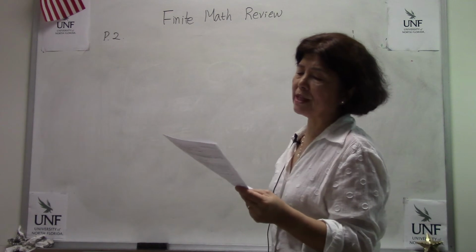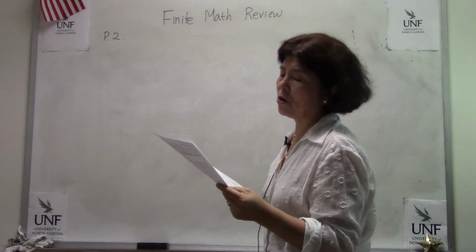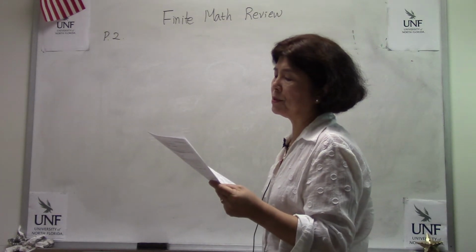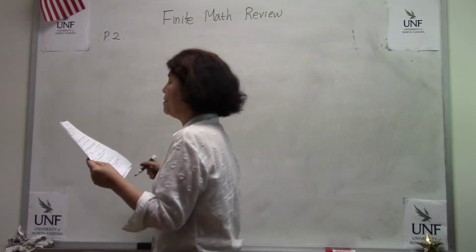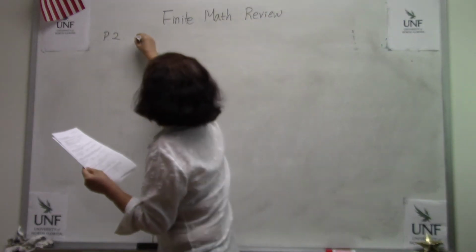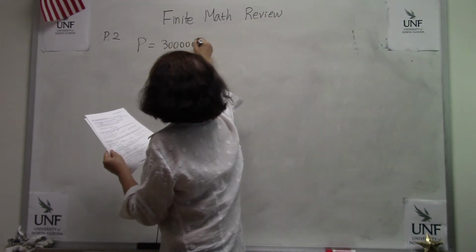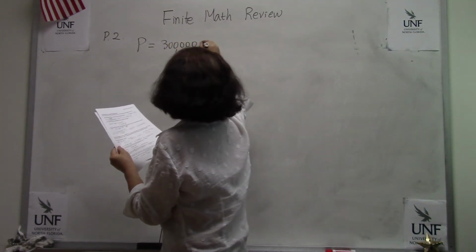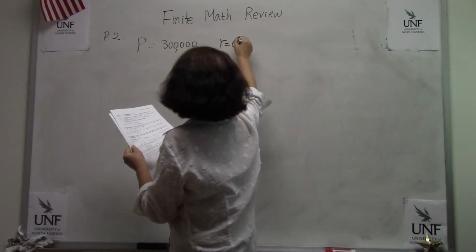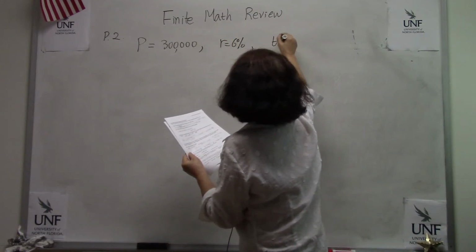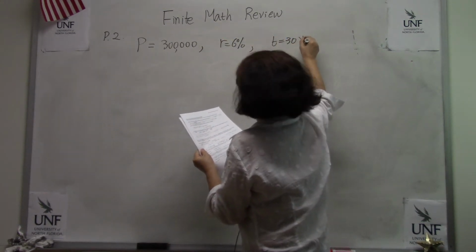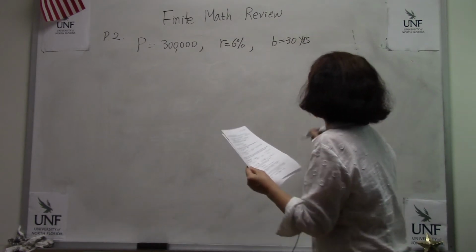Mrs. Thomas received a $300,000 loan for her house at 6% interest compounded monthly for 30 years. Well, in short, principal is $300,000, R is 6%, T is 30 years, and compounded monthly.